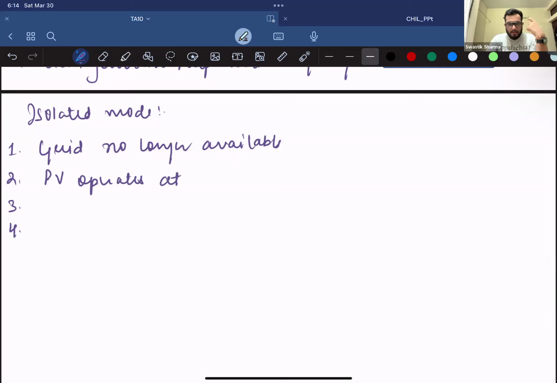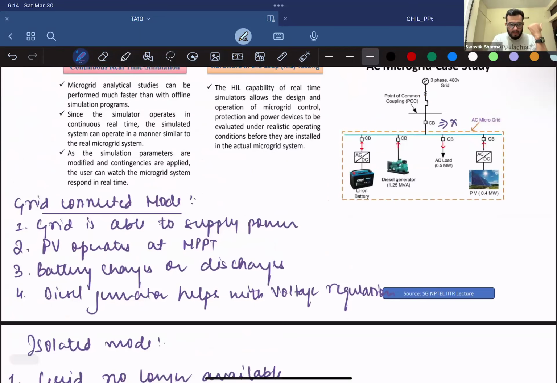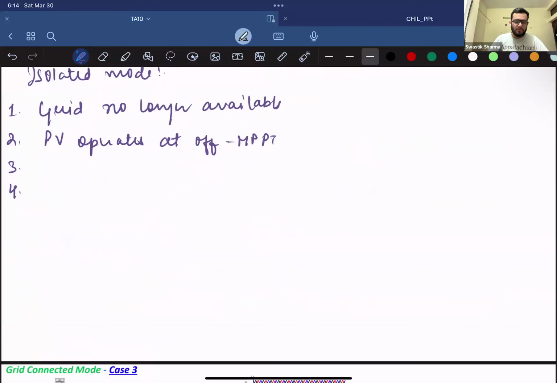PV will operate at off MPPT. There's a reason: now you don't have the grid available to you, so you don't know how the requirements would change. The PV is very erratic. You could have Pmax at some level at one time, and it can fall to some level at another time. You would want to get stable power out of your PV, so you would want to operate it at off MPPT.